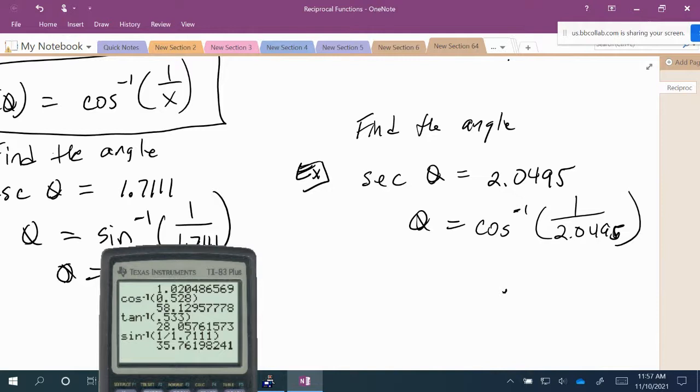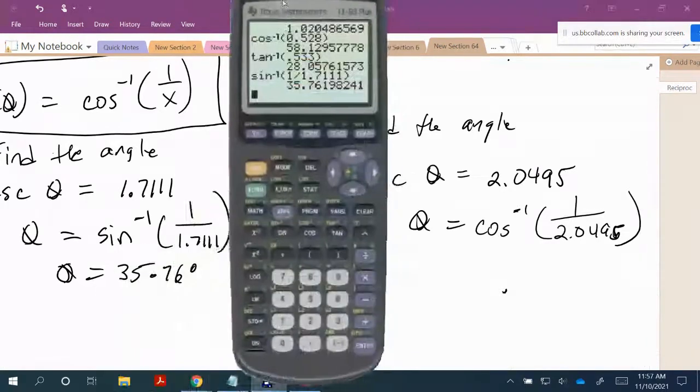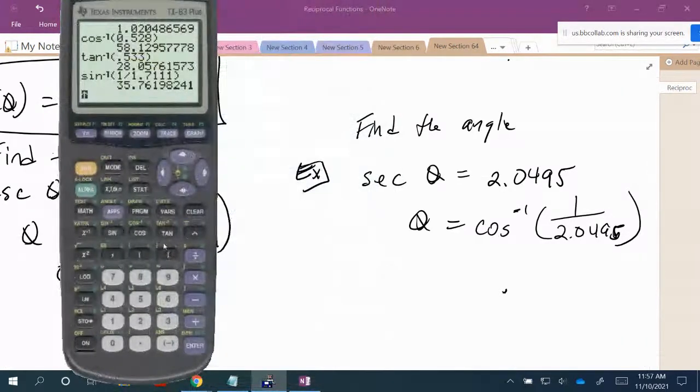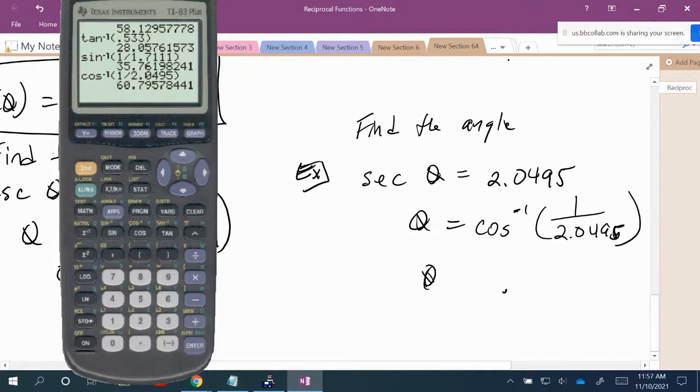And if we put this into the calculator, this is the arc cosine of 1 divided by 2.0495. And we have an angle measure of 60.8 degrees.